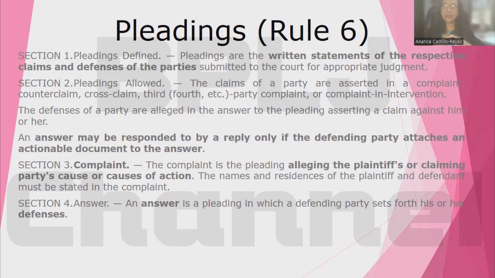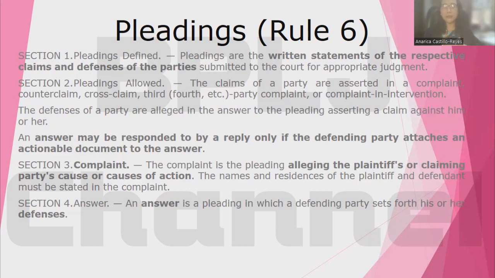Now, what are the basic pleadings that are allowed? The basic pleadings are, of course, the initiatory pleading of the complaint or petition, the answer, containing the counterclaim, cross-claim, a third or fourth party complaint, and the complaint in intervention.